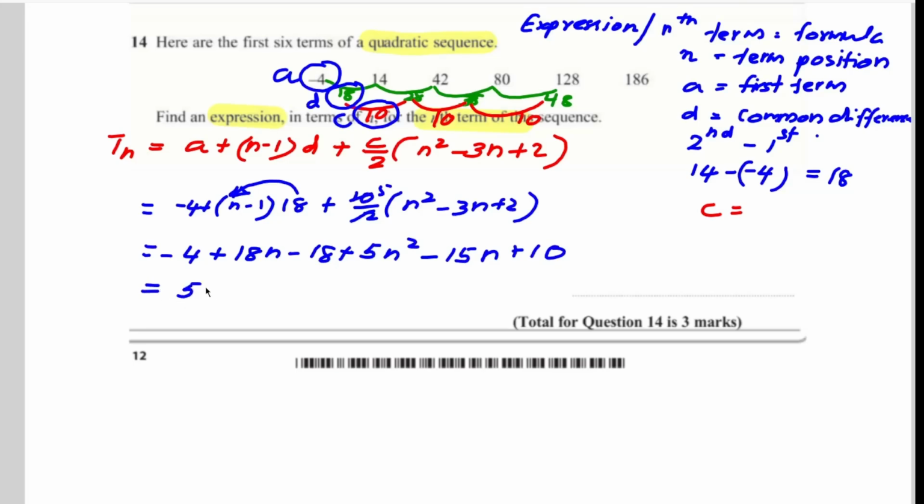Then 5n squared, 18n minus 15n gives 3n, then 4 plus 10 plus 6 minus 18 gives minus 12. So this is the answer. Memorize the formula. The formula is important.